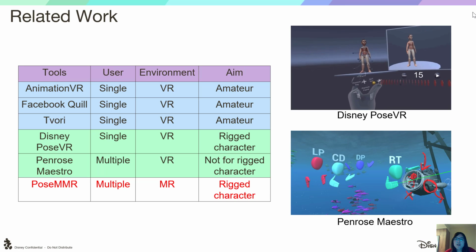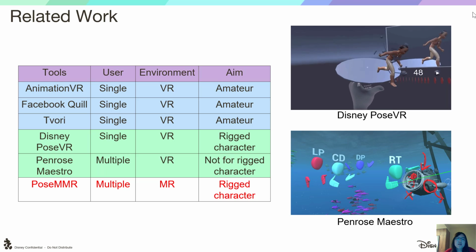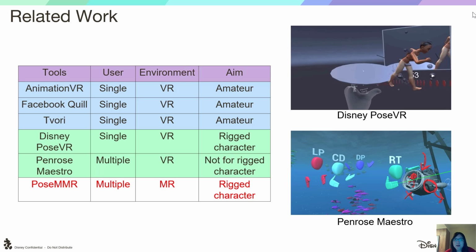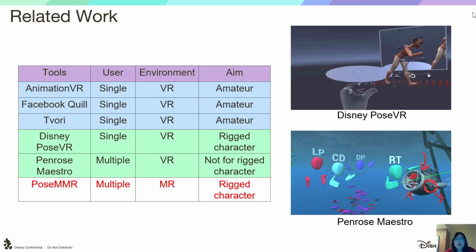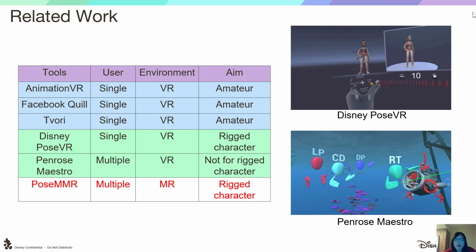At Disney, they developed Animation Toys based on a single user, where one person can use the tool to pose and rig characters in a 3D environment. But it's not focused on multiple users. So in an animation review, when multiple people want to see the image, they have to use a 2D screen, and only one person can be in the VR.